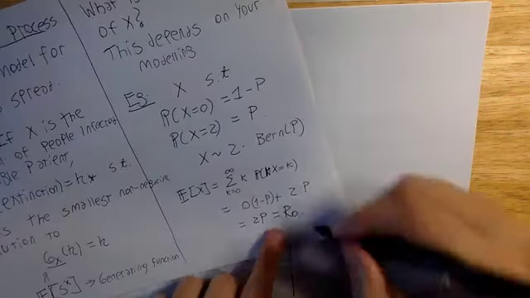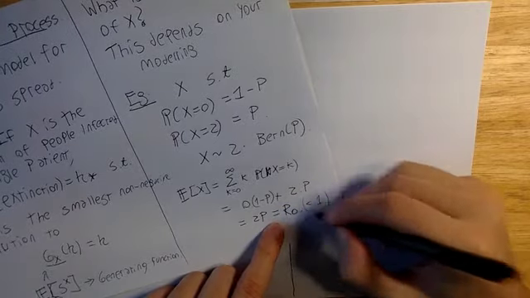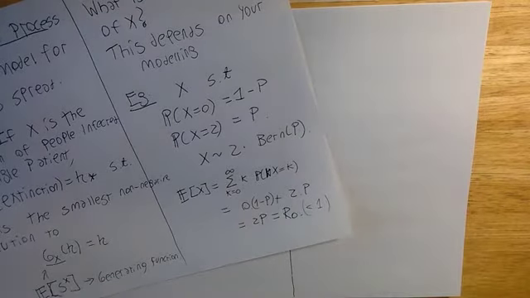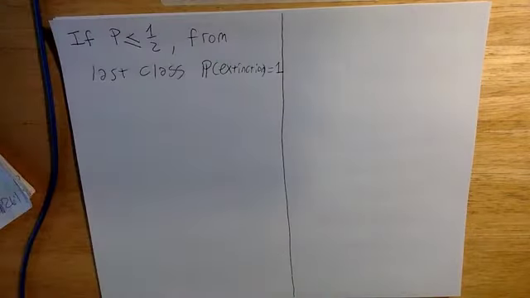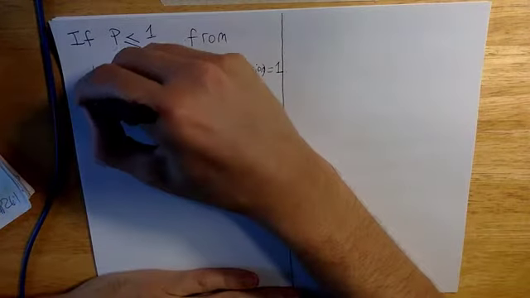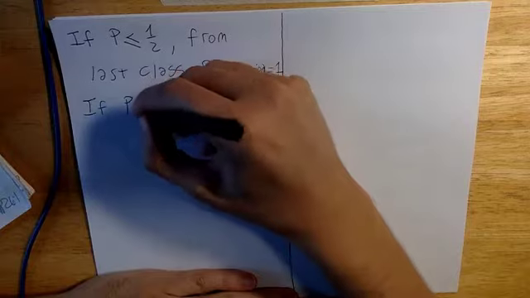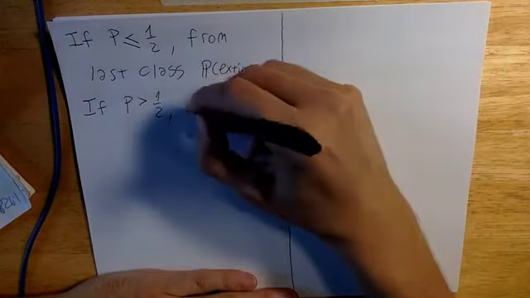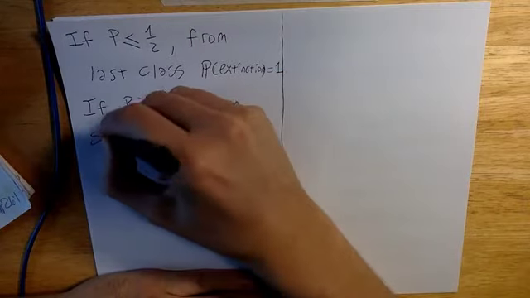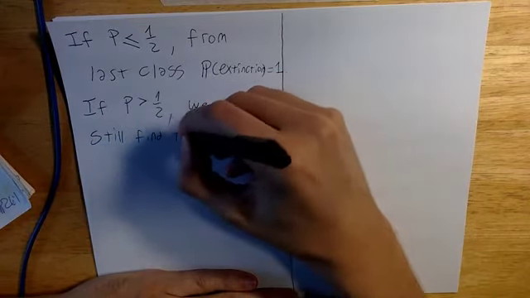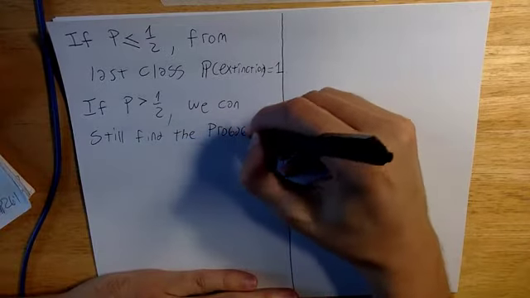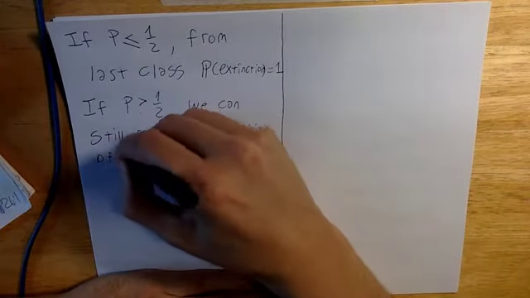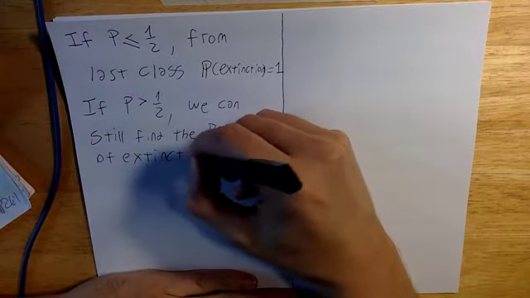Here, if we know that the expectation is less than 1, then each person infects fewer than one person on average, so the generations of infected people are going to become smaller and smaller, and eventually they are going to become extinct. But if p is bigger than a half, we can still find the probability of extinction explicitly.